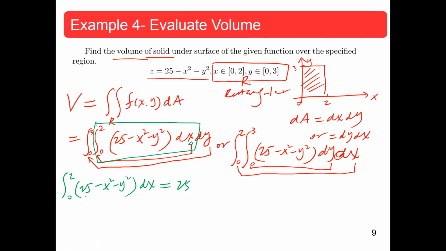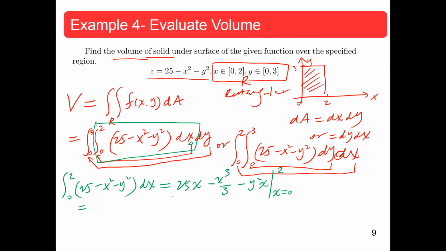So if x is the variable, the antiderivative will be 25x minus x cubed over 3. And for the y squared, it's a constant, therefore the antiderivative will be y squared x. And then x goes from 0 to 2.